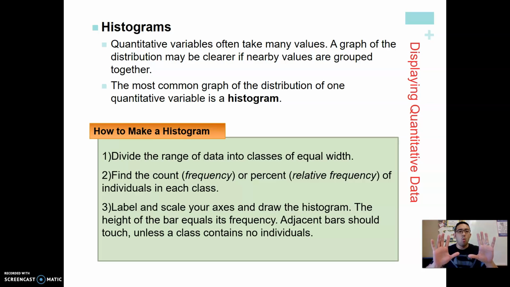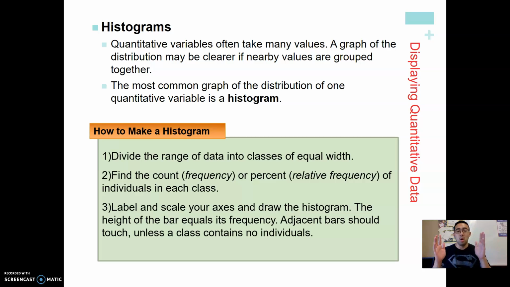And we're going to talk about what that means in a minute. And then you count or find the frequency or relative frequency, in other words, count or percent, that lie within each range of the data. Then you label and scale your axes, your x and your y, and then you draw your histogram using bars with heights equal to the frequencies that you counted.